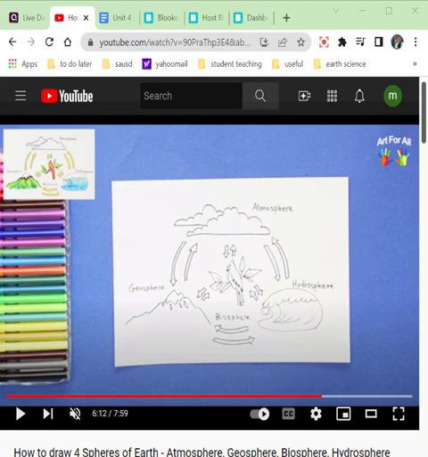Because that's the atmosphere going into us. And then the reverse, bio, us releasing carbon dioxide, so us breathing back into the atmosphere. Humans.